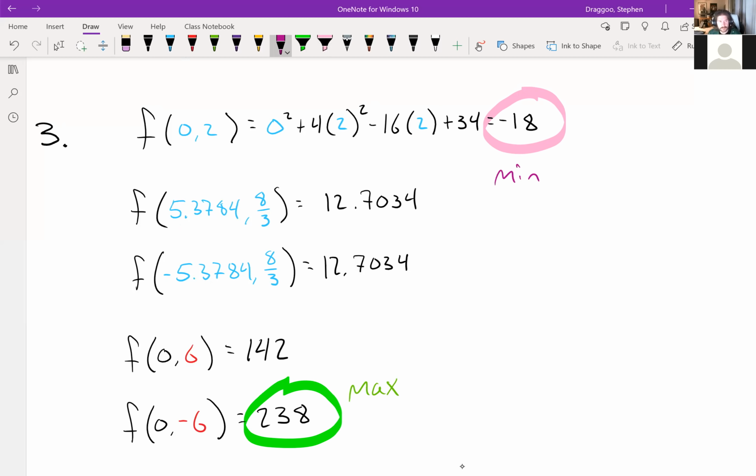And there we have it. Yeah, a max value and a min value.